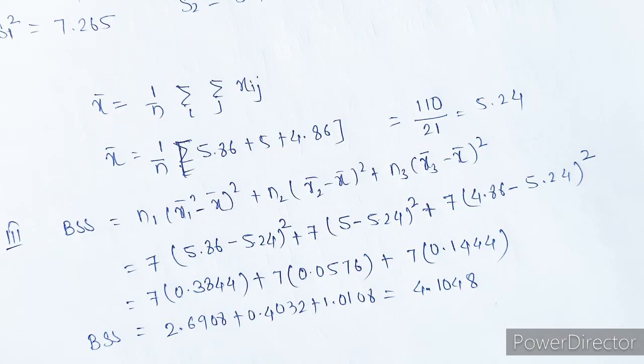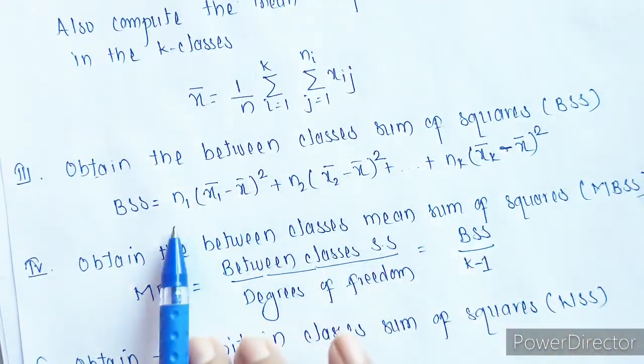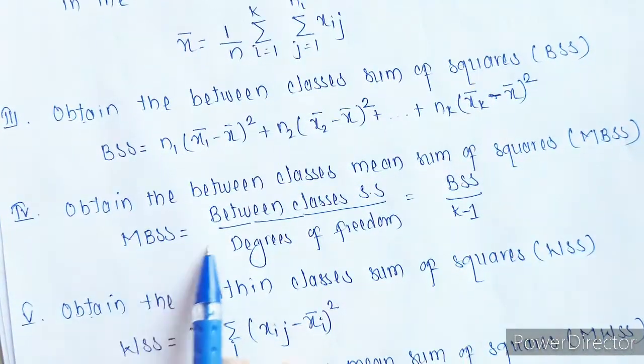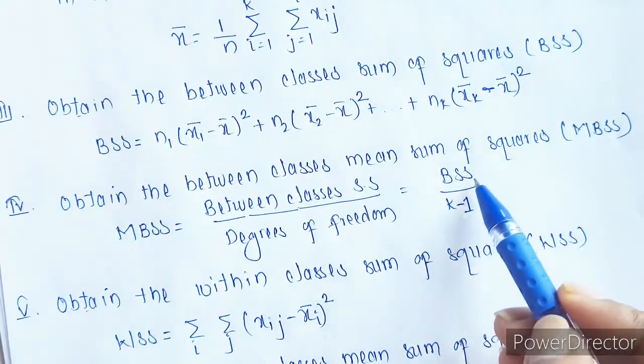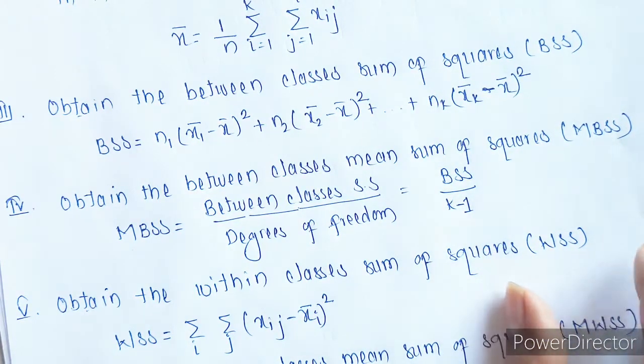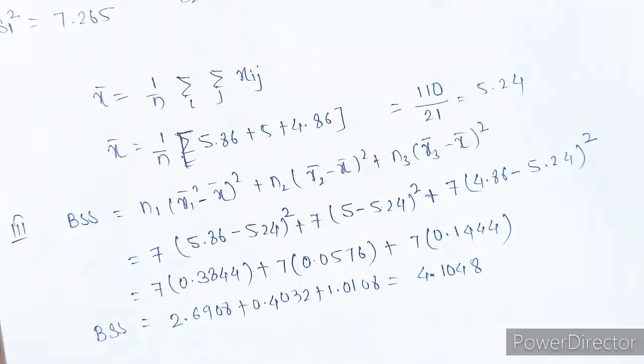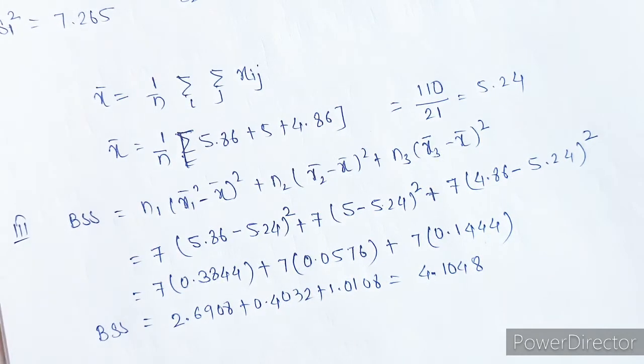Now we have the sum of squares between the classes, then we need to calculate the mean sum of squares between the classes, that is the sum of squares between the classes divided by the number of degrees of freedom. So the fourth step is calculating the mean sum of squares between the classes, right?